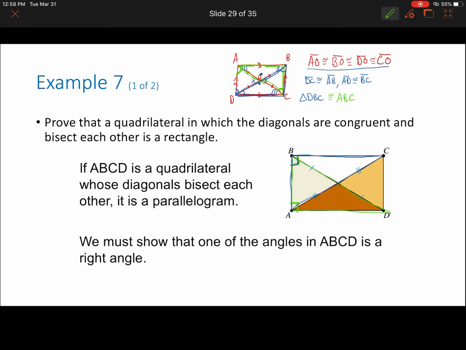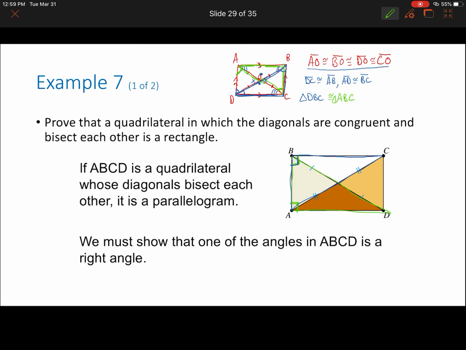If I can show that that one is congruent to the one at the top above it, so again, let me change colors here. This one, so that would be triangle ABC.